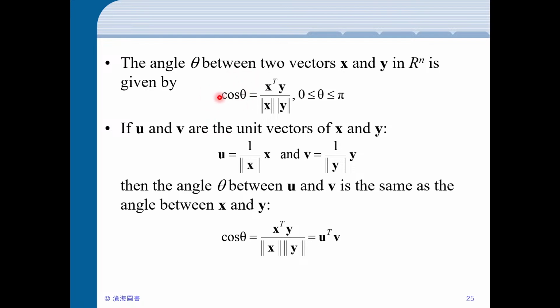Then we can invert this to get some theta between 0 and pi. We can define a unit vector similarly: x divided by its norm is a unit vector for x, and y divided by its norm is a unit vector for y. And we find that cosine theta, once again, is the inner product between those two unit vectors.